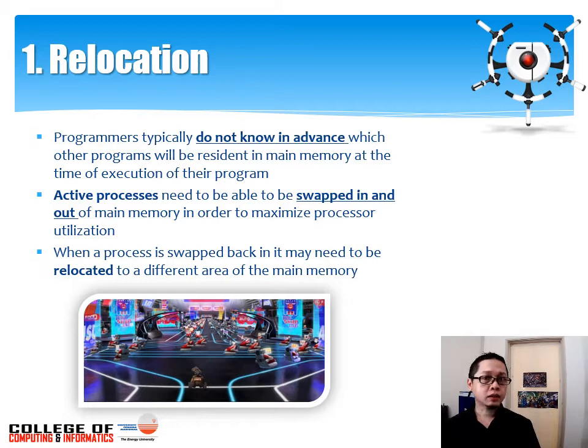This first requirement is very important because usually we have limited memory space and it can only accommodate active processes. Without this requirement, processes cannot be effectively relocated and it might cause a system failure.